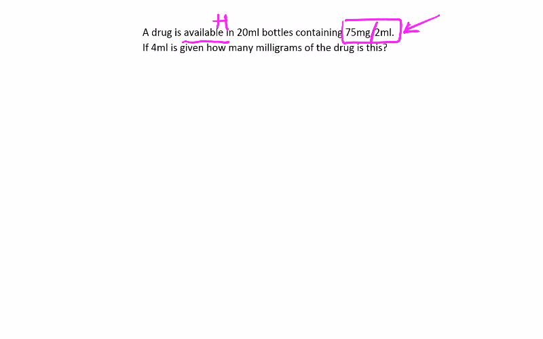The 20 ml bottles are important because that's the size of the bottle you will look for, but you won't need that for this calculation because the concentration has been given to us explicitly here.